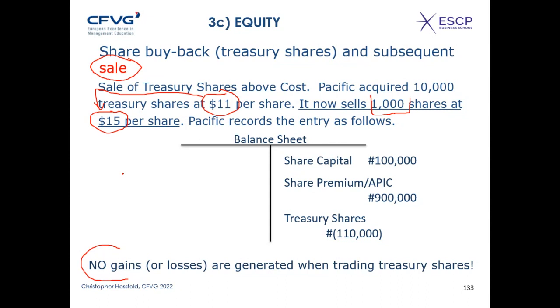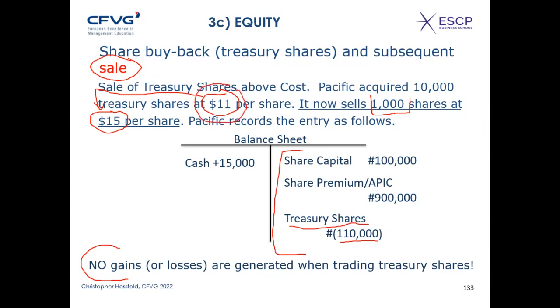Okay, so when I resell my treasury shares, well, basically that works like issuing shares, the same thing. So on the one hand, I will cash in money, 15,000, 1,000 shares times 15. And on the other hand, my equity will increase overall. But first of all, obviously, my treasury position will get smaller because now I'm holding fewer treasury shares. Remember here, the amount is based on the purchase price of those shares.